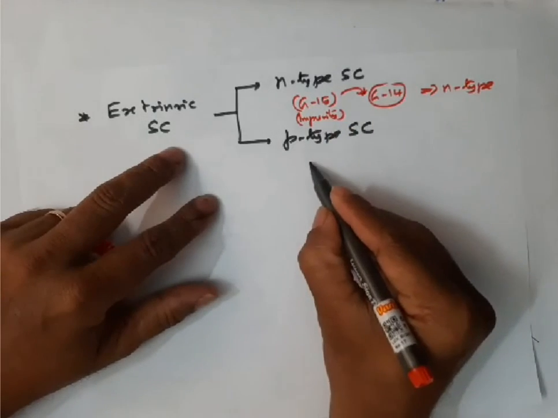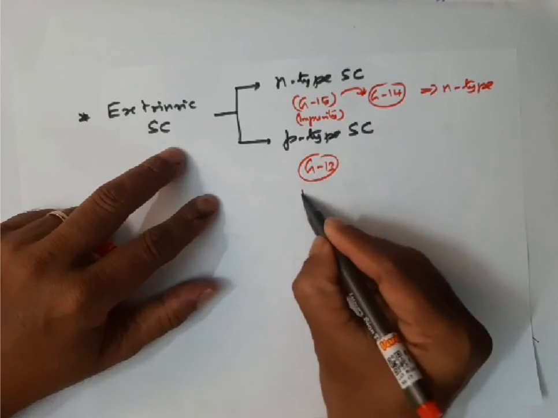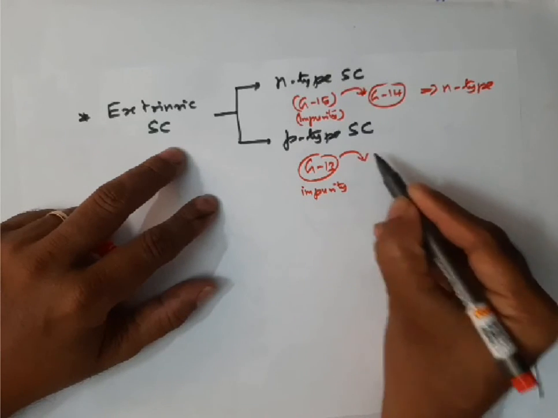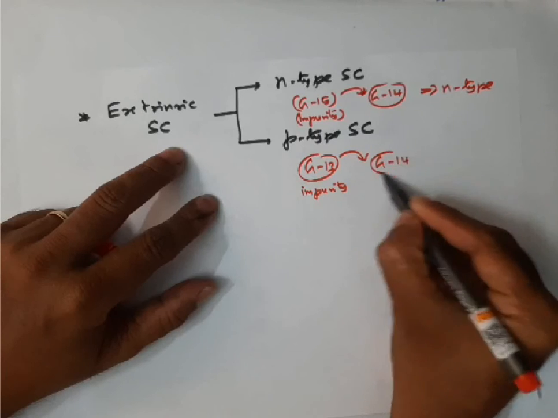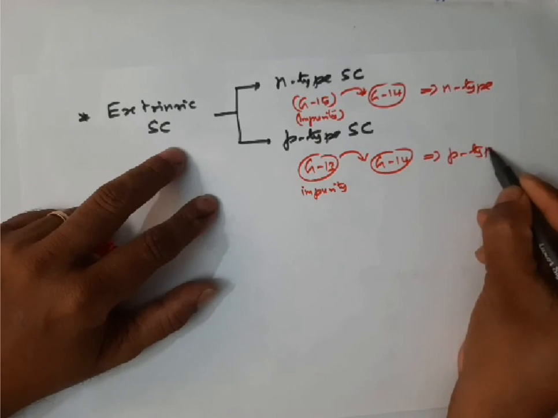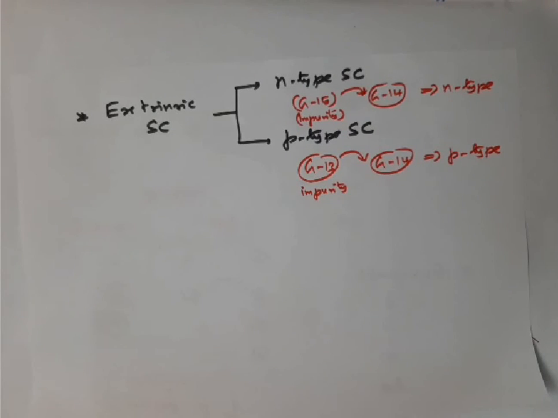Whereas if you add a group 13 element as impurity to a group 14 element, you will get what is called a P-type semiconductor. Simple. So in extrinsic semiconductor, there are two types, N type and P type.